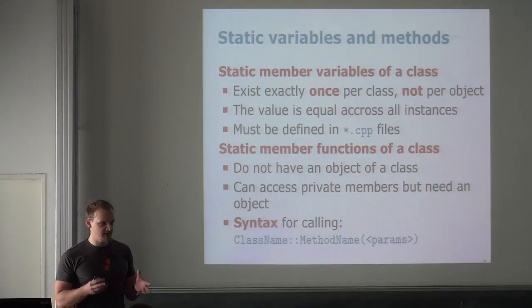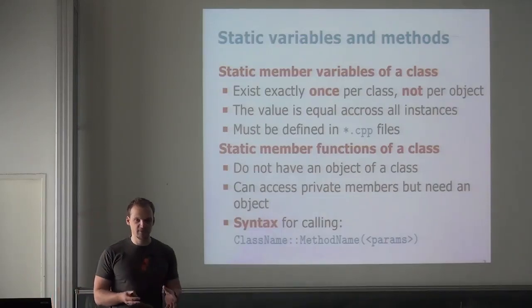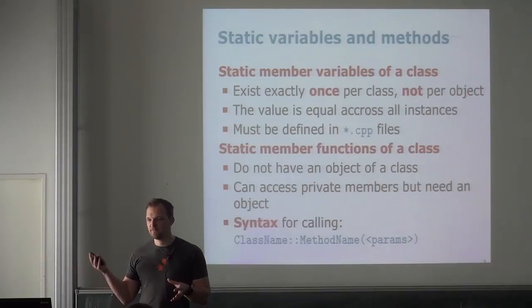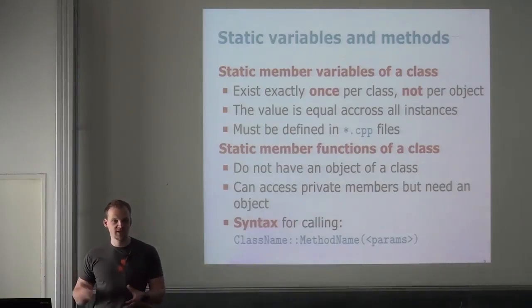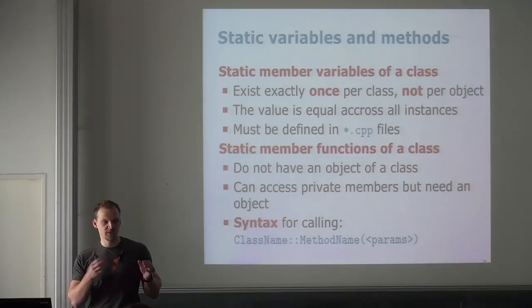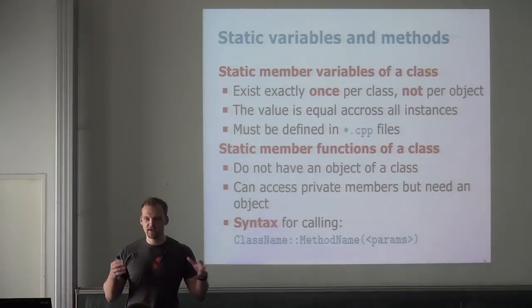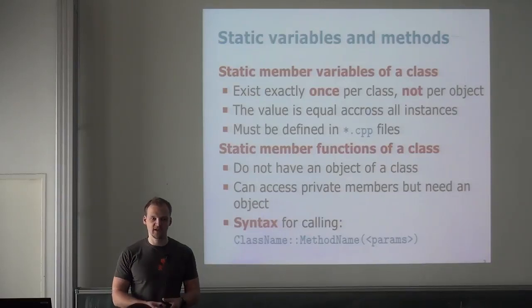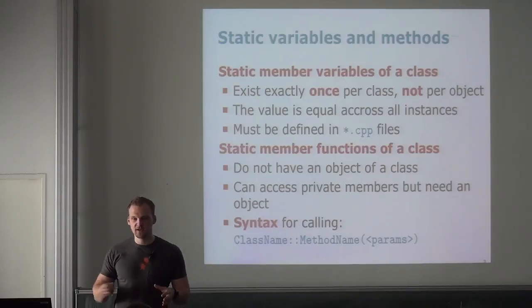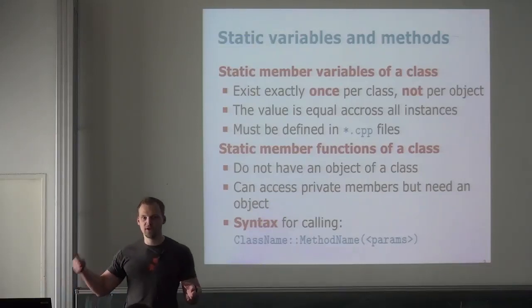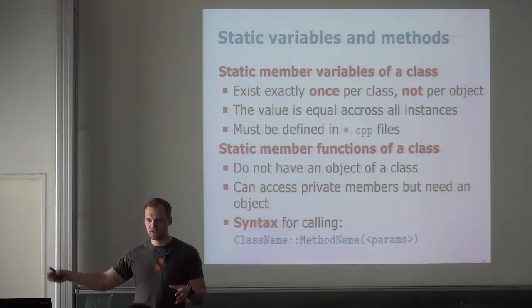The idea is that if you define a class member static, say you have a data member, integer x, and you want to say it's static. Usually if you define integer x in a class, it exists once per object of this class, per instance of this class. Whenever you create multiple objects of the same class, they will have their own integer x.